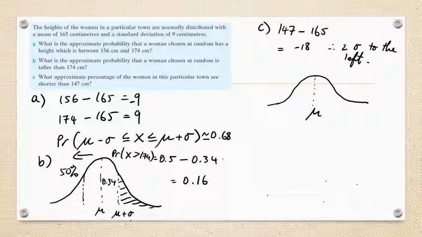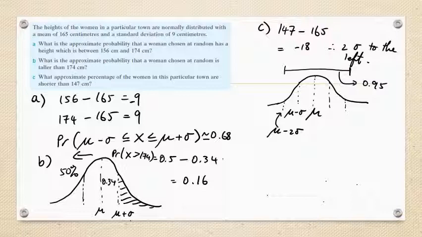So here's the mean. Here's 1 standard deviation. And then here is 2 standard deviations. Now, remember 2 standard deviations is 0.95 for the section in between. If we went from here to here, that would be 0.95.